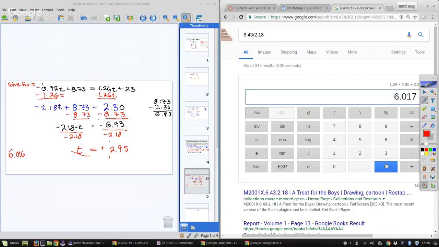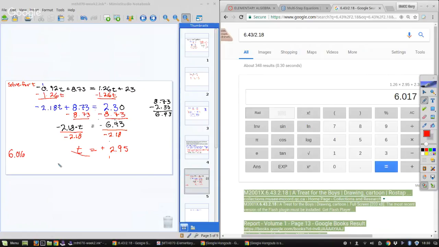Pretty close, 6.017. So rounding error threw me off a little bit, but not too bad. Since this is rounded, these are approximately close, so that means the solution I found does work.